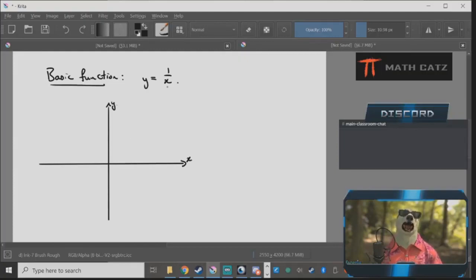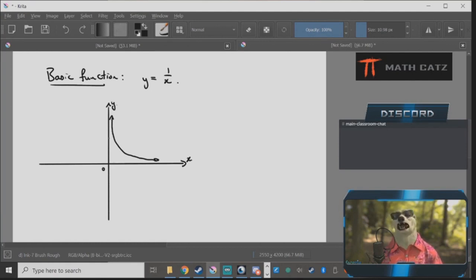When I plug in 0 for x, there is no y value that I can calculate. The function is undefined. And as I plug in x values closer and closer to 0, let's say from the positive, my y values blow up. So my graph is going to look like this, less wobbly, but still the same, where as I get close to the x value of 0, my y values just increase.